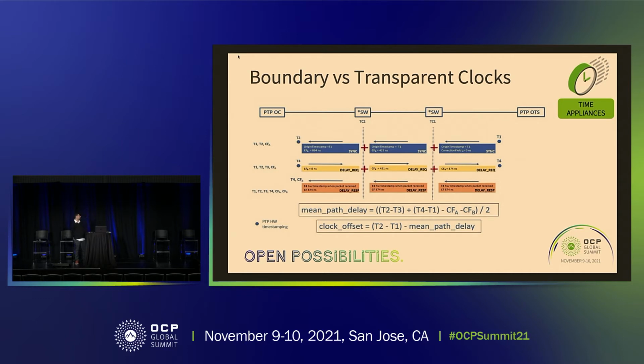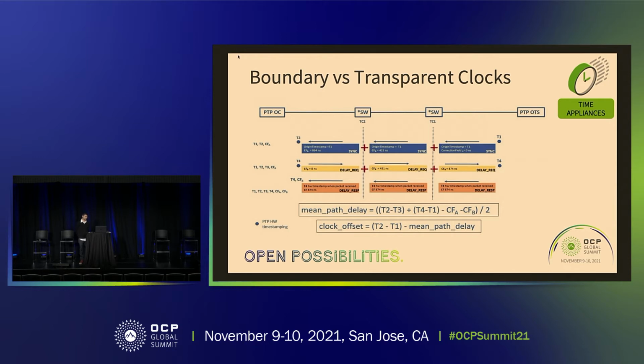Transparent clock, this is a very similar looking diagram, but in a different way. There is a server on your right side, and an ordinary clock on the left, and we are sending traffic across, the PTP event messages, and there is an offset that gets calculated on every transparent clock node.